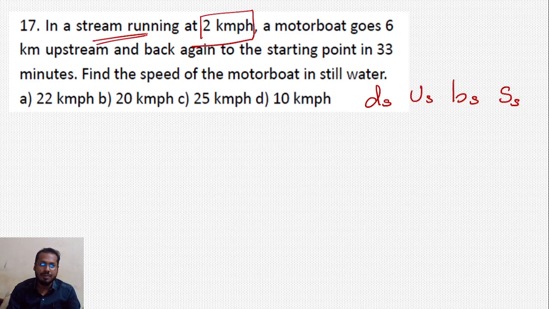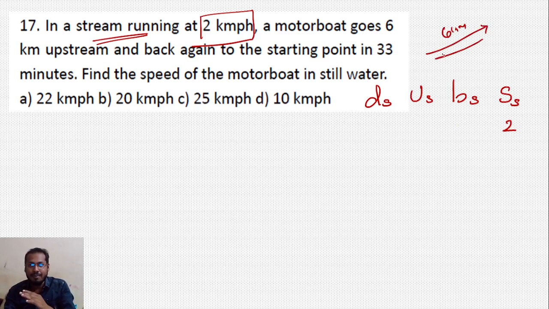It is the stream speed, so that is 2. Nothing else is given. The remaining thing is a motorboat goes 6 kilometers. 6 km is the distance. 6 km upstream means the return journey is also 6 km, correct? That happened in 33 minutes. But upstream and downstream, you can't split into half and half because both times will be different. Find the speed of the motorboat.